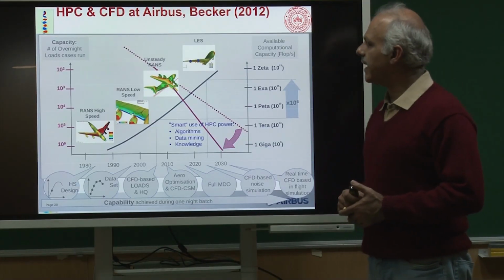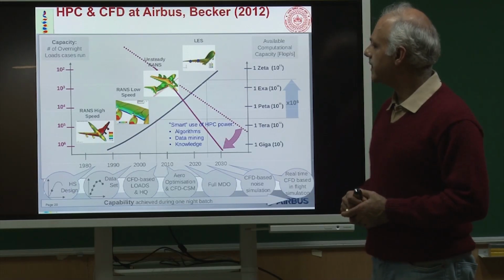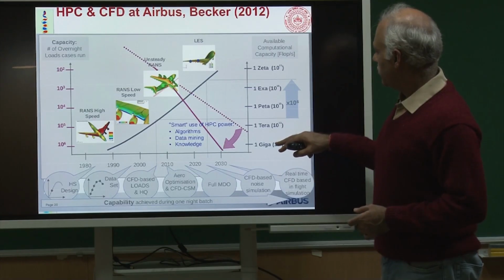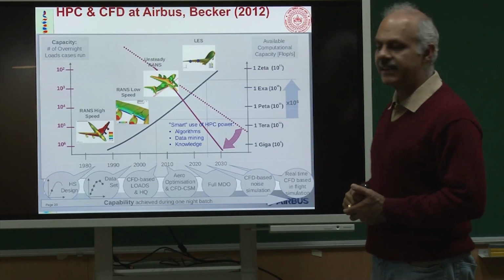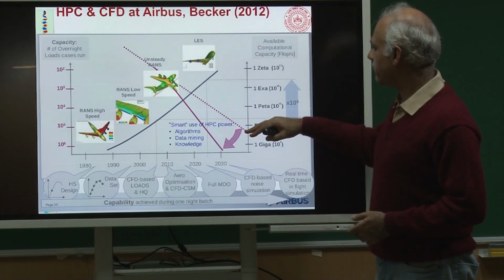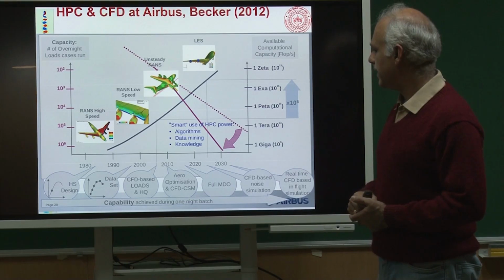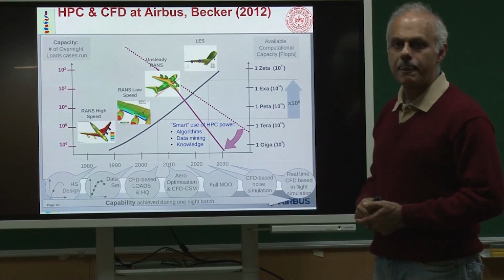This is again a slide from Airbus to give you an idea about the performance being talked about. On this axis is the available computational capacity in terms of flops. So this is a gigaflop, this is a teraflop, and then a petaflop, exaflop and a zettaflop. And on the x axis is the year.